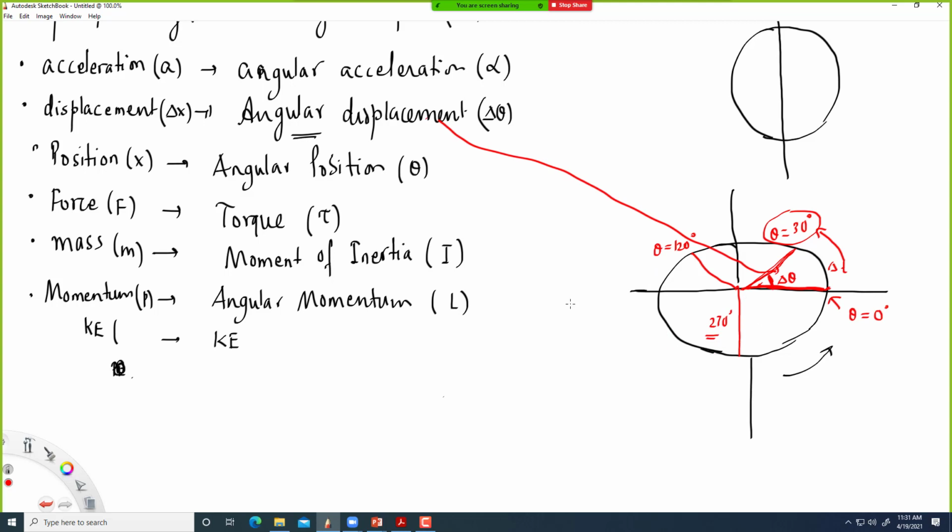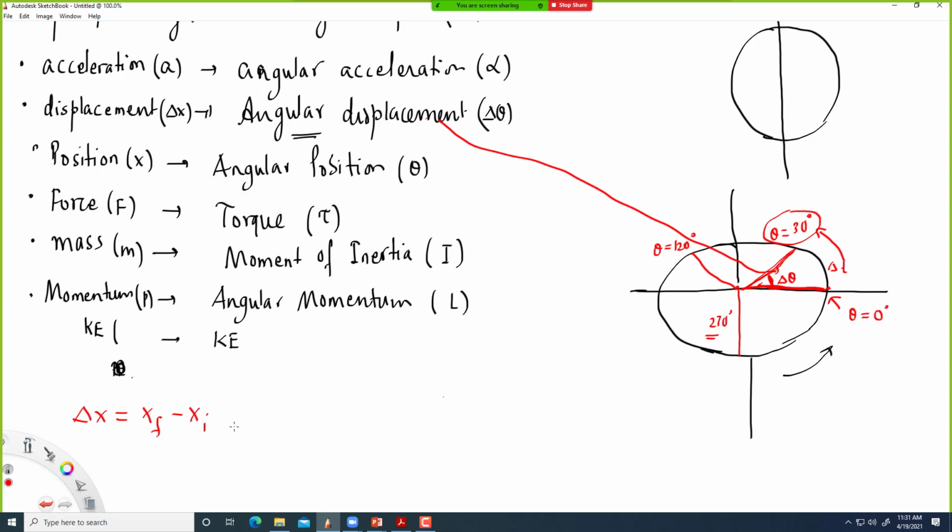And angular displacement is the displacement of that mark from initial point to the final point. So if you guys remember, what is the linear displacement? How do you find linear displacement? That's x final minus x initial, right?